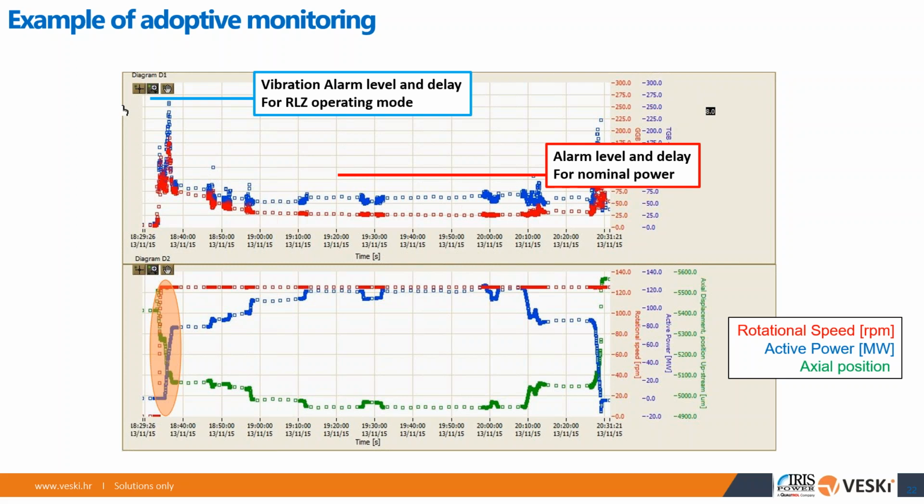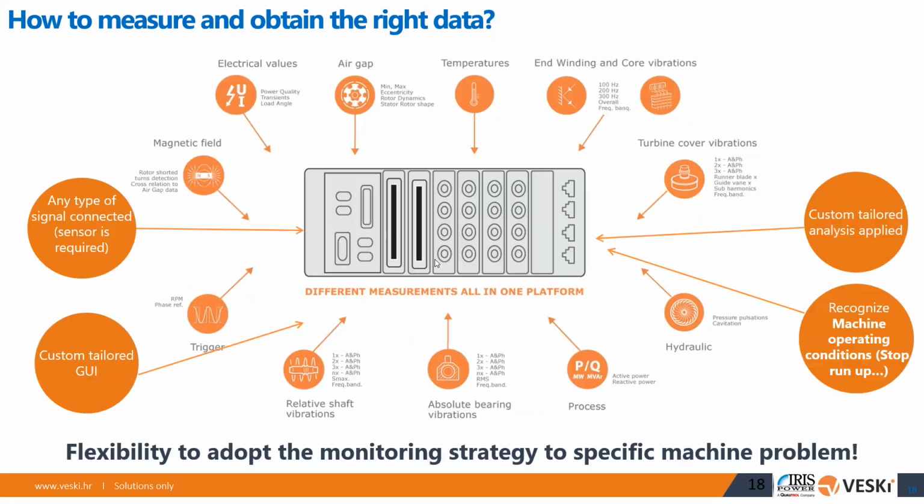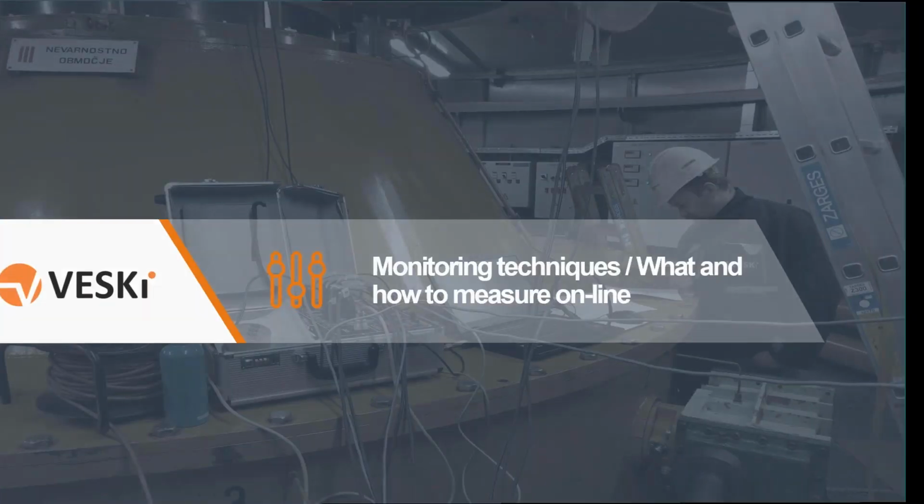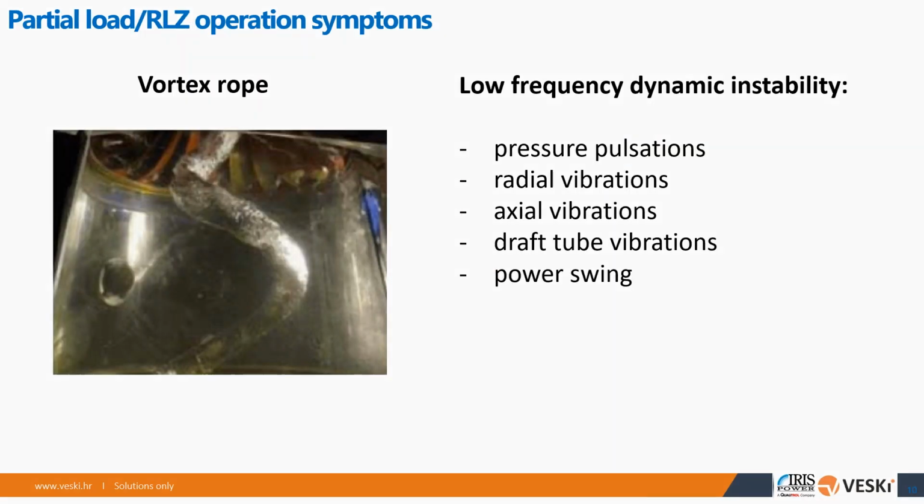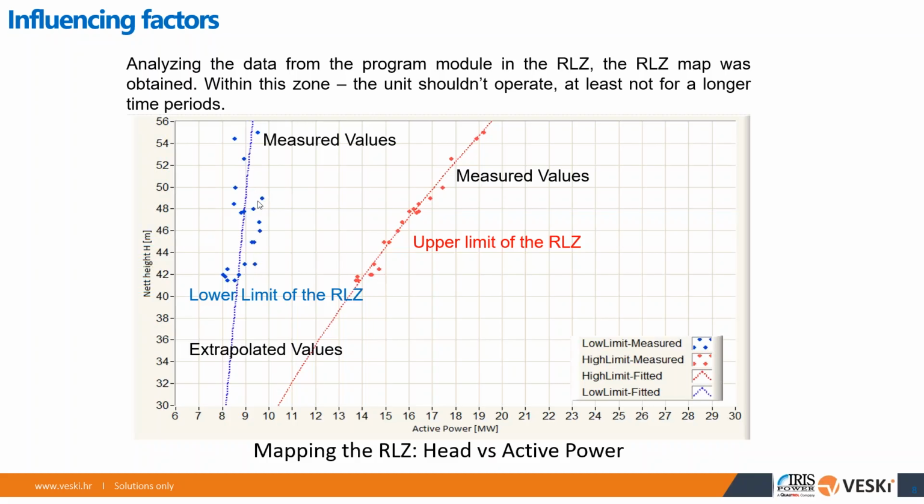So basically, you need to have the data. Here we were measuring the head and the power, and then correlating when low frequency vibrations occur, in a certain combination of head and power.